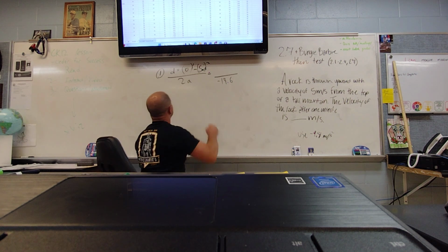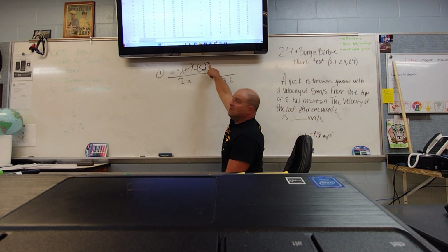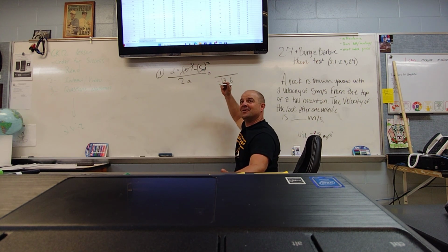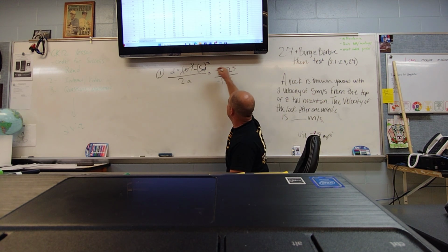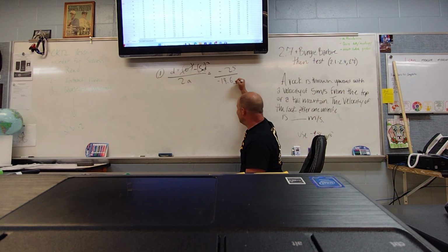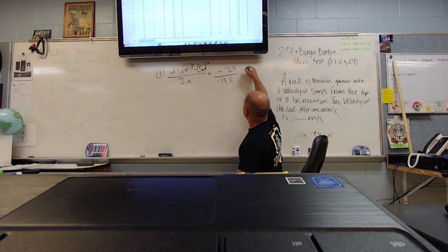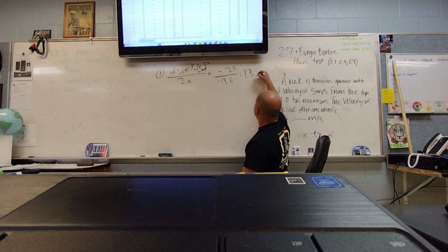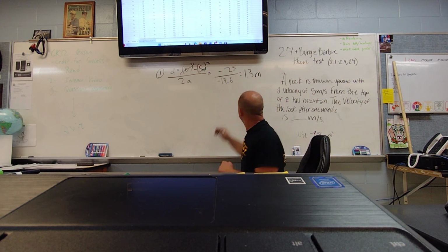So if that's 0, we can just say bye-bye, and we're left with 5 squared, which is 25. And there was that negative sign out in front. We can't lose that. So we have negative 25 divided by negative 19.6, and we get 1.3. Since we're looking for displacement and dealing with meters, it's going to be 1.3 meters. Okay, step 1 done.